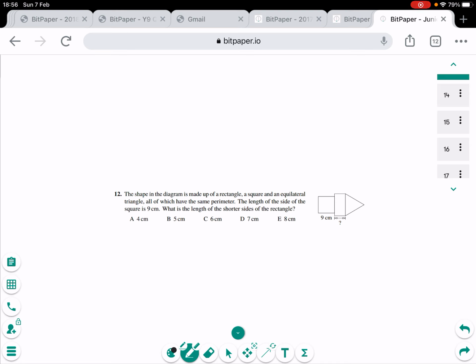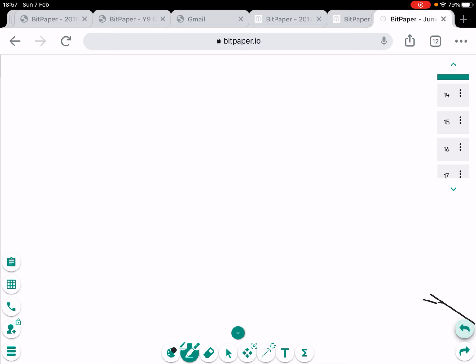What we do for this question is find the lengths of each. What is the shorter side of the rectangle? Wait, oh, it's the same perimeter. I missed that bit.